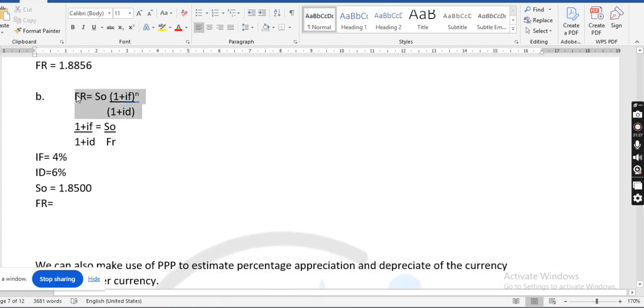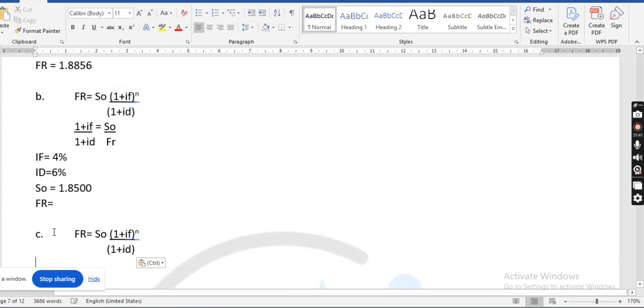Let me quickly copy this forward rate, because it is for 2 years. What is the foreign inflation rate? Class, what is the foreign inflation rate? 4%.